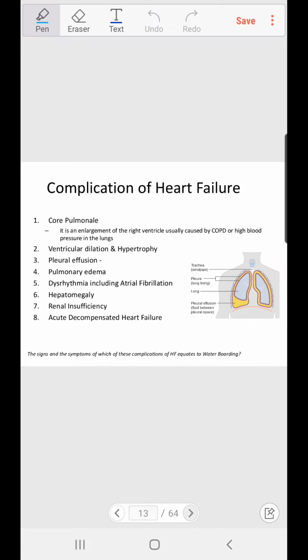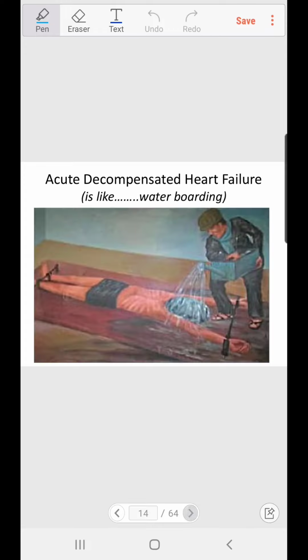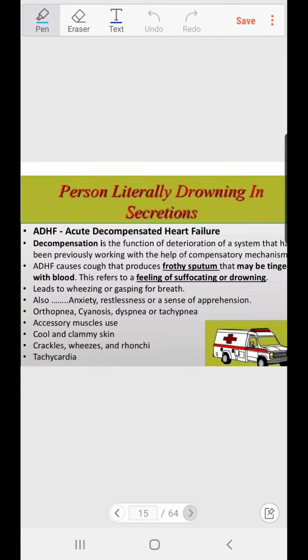Atrial fibrillation, hepatomegaly, renal insufficiency, and acute decompensated heart failure. These are the complications. When you have acute decompensated heart failure, it's like waterboarding, and basically you feel like you're being drowned in your own fluid.